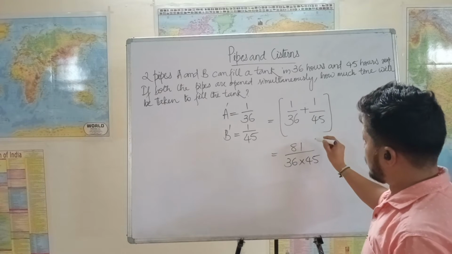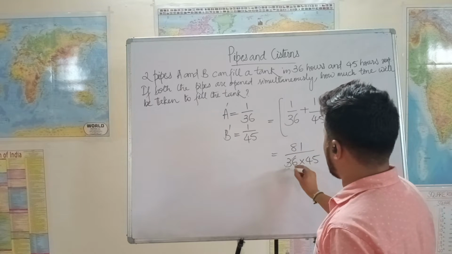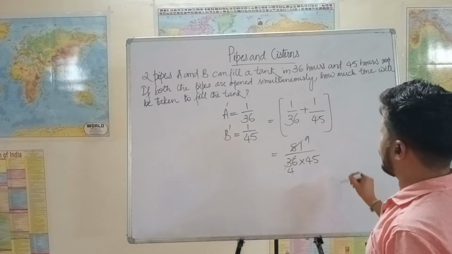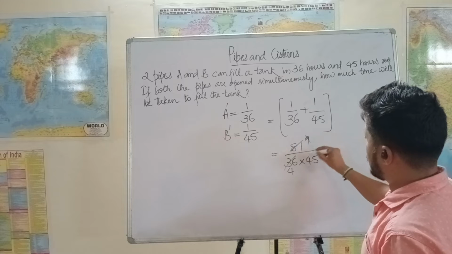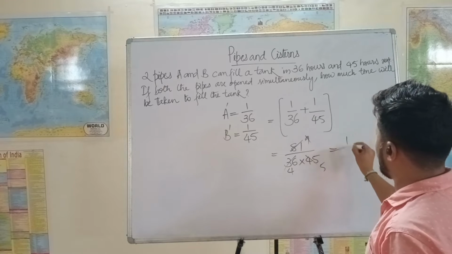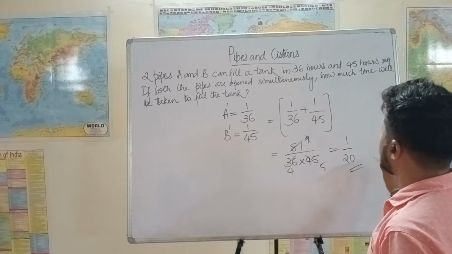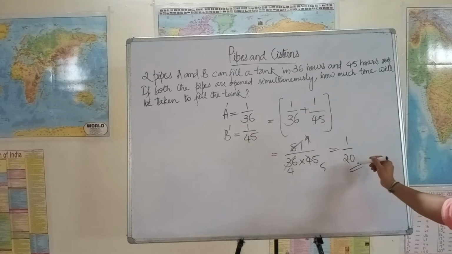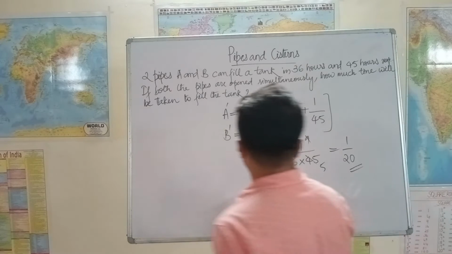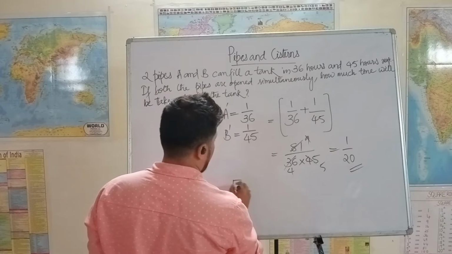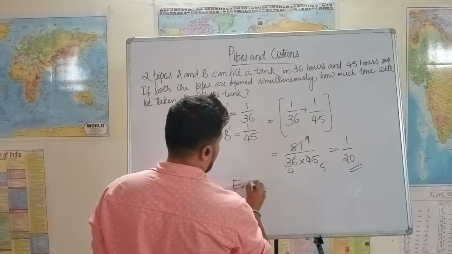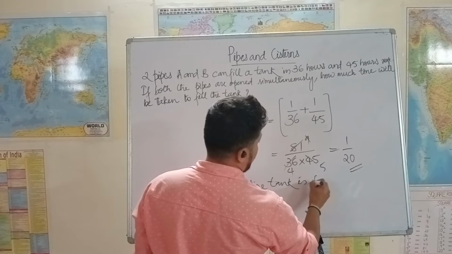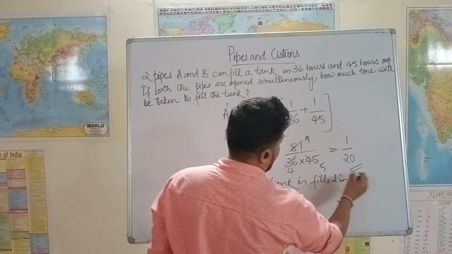So 9 4s are 36, 9 5s are 45, so 1/20. That means the combined efficiency is 1/20. That means the entire tank can be filled in 20 hours.